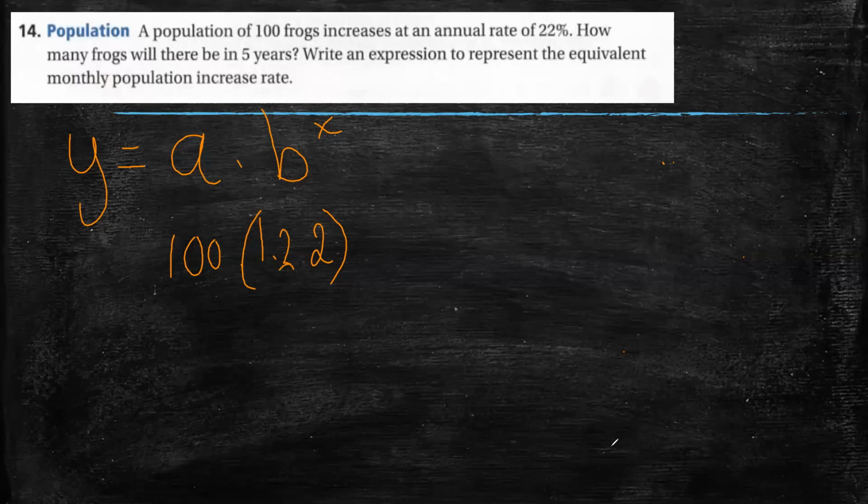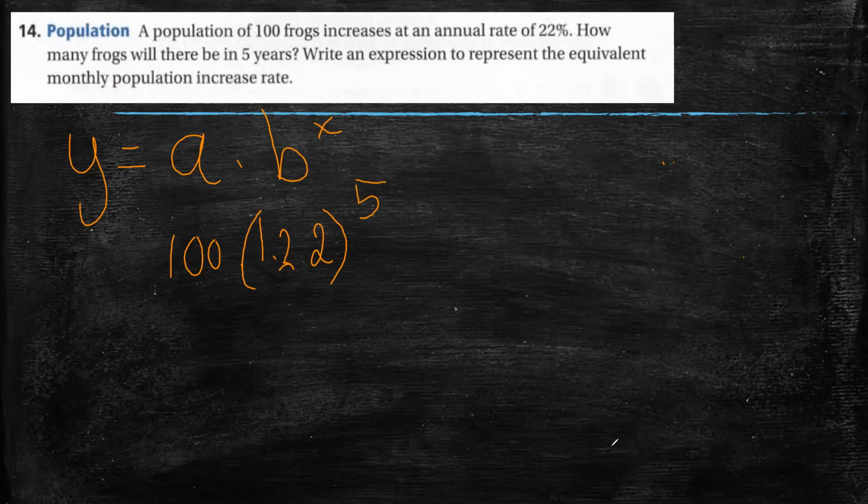Raised to the power of what? x. And what is x here? 5, because it is in 5 years. So it is 100 times 1.22, and x is 5.